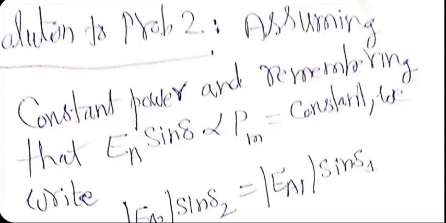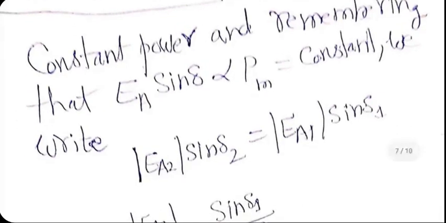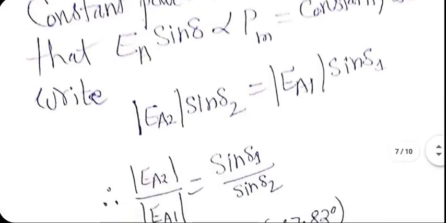We are ignoring the losses anyway. So if you want constant output power, essentially EA sine delta should remain constant in both cases. That means in the second case, when magnitude of EA has gone up by 1.3 versus the first case where magnitude is what it was in problem 1, and if the delta values are delta 2 and delta 1 in the corresponding cases, you can write this equation because power is constant.